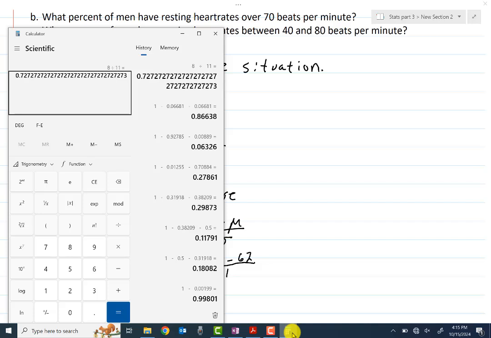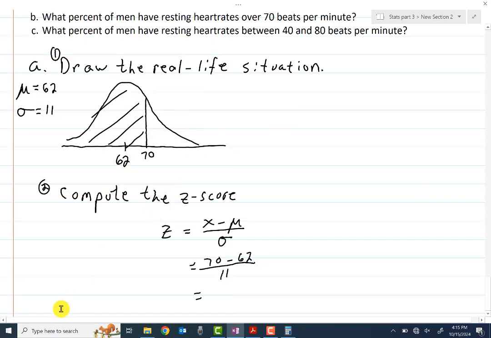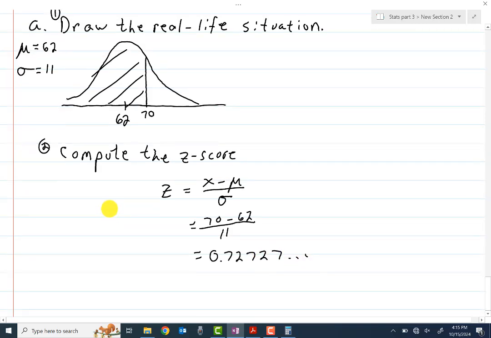Now, we're going to be using the tables, but the tables only have 2 decimal places of accuracy in the margins. So my z-value can't have any more than 2 decimals. With that said, this decimal is 0.727272, and it goes on and on and on.